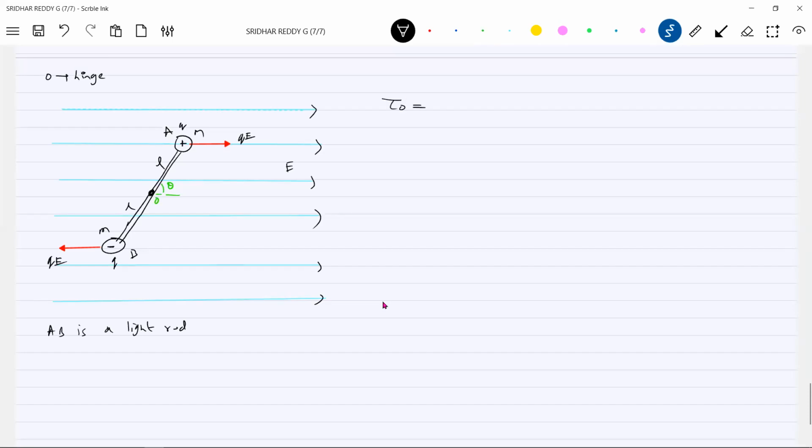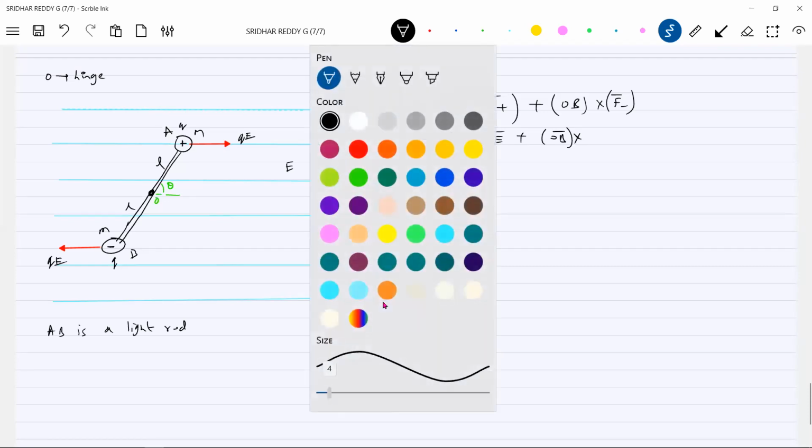The total resultant torque should be equal to OA bar cross QE bar, that is R bar cross F bar, then similarly plus OB bar cross QE bar, or F plus, we will write F minus bar for the time being. No, what should the direction be? QE bar, OB bar cross.